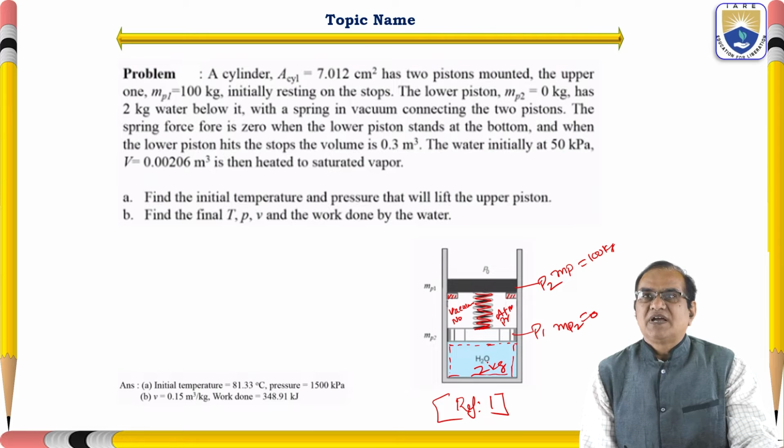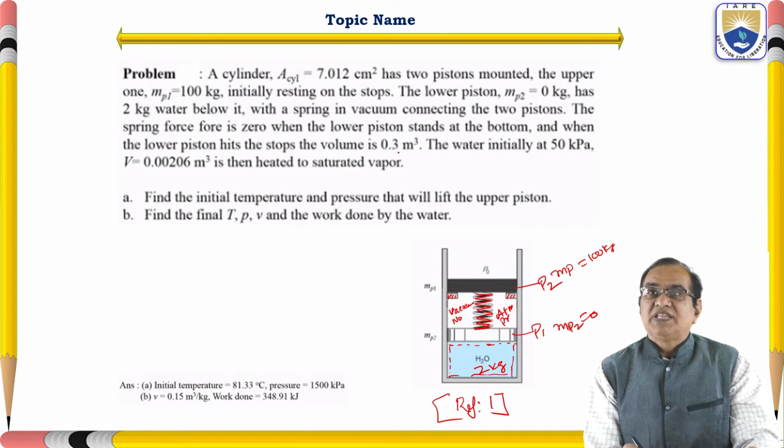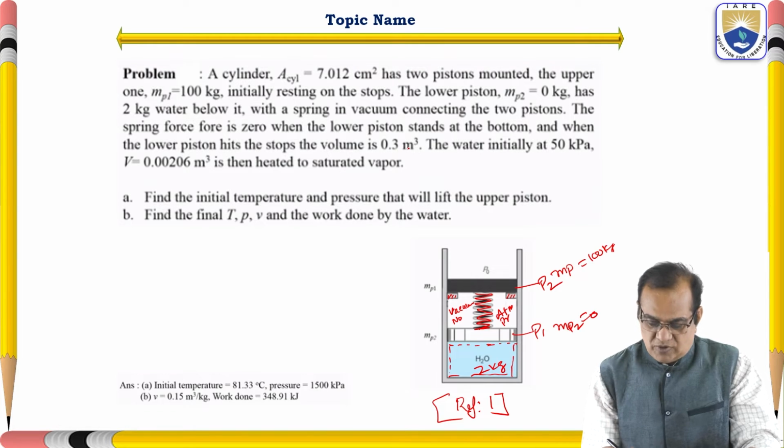the spring force is 0 when the lower piston stands at the bottom, and when the lower piston hits the stops, the volume is 0.3 meter cube. And when this is hitting here, the volume is 0.3 meter cube.